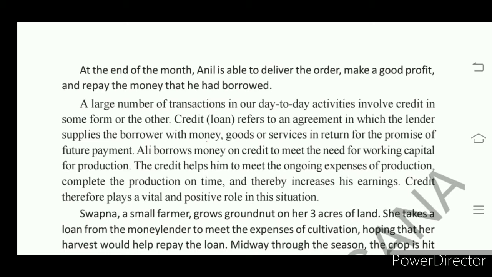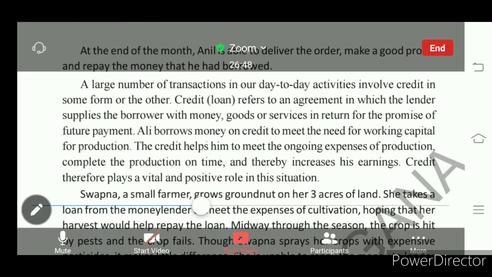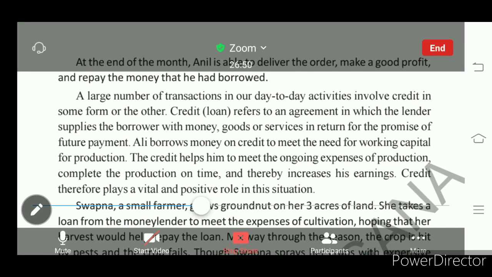A certain amount he borrowed from the big trader, and some leather he borrowed from the leather supplier. To all those people he pays the money. In this way we see that Anil is able to earn his income. So Anil has taken a loan here from these people.